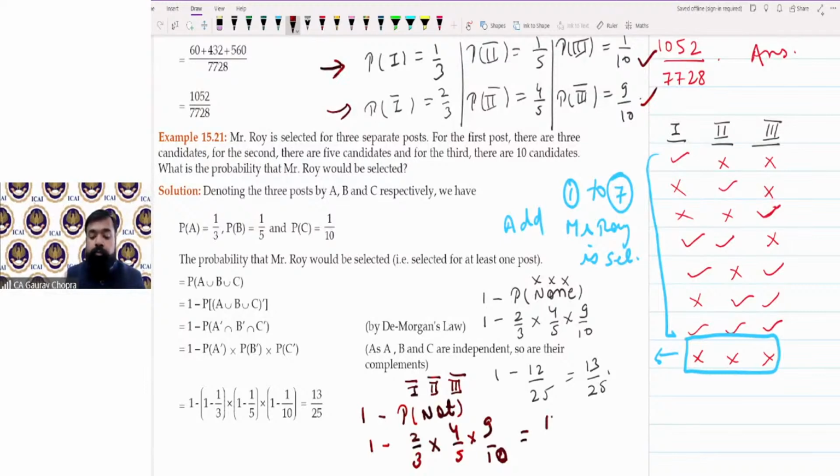So in this way, we are getting 13/25. All right.